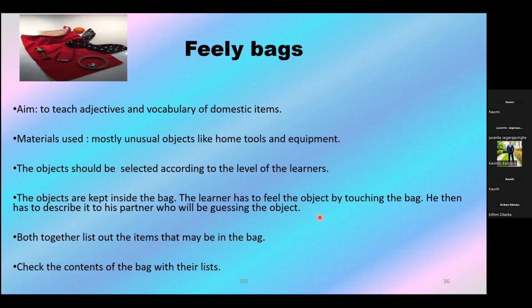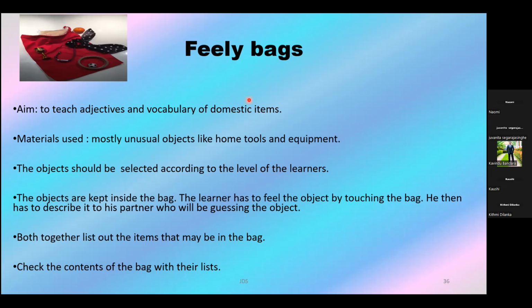Right? So tell me, what are the language components that are getting practiced in this task? When we ask them to get involved in this task, what language components are getting practiced? Definitely you have the nouns.